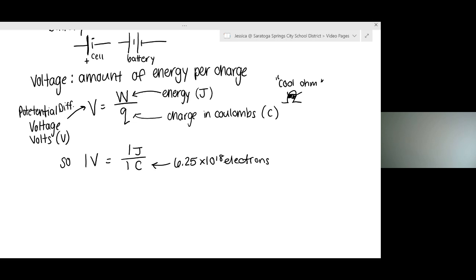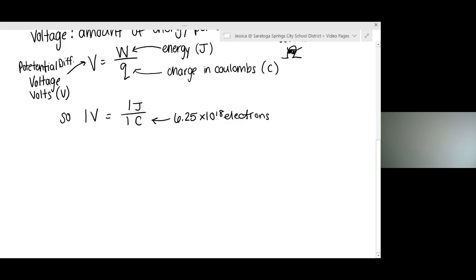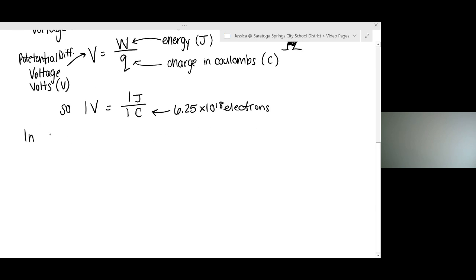Our 120-volt wall sockets have 120 joules of energy per coulomb of charge. In any circuit, this voltage, which remember is really just a measure of energy, must be conserved.